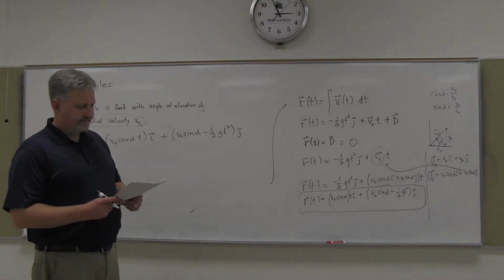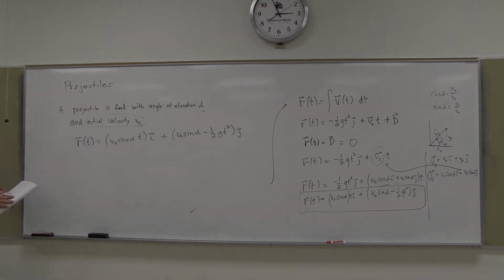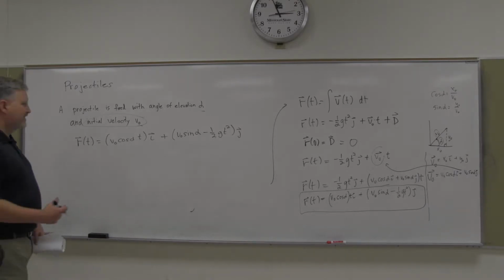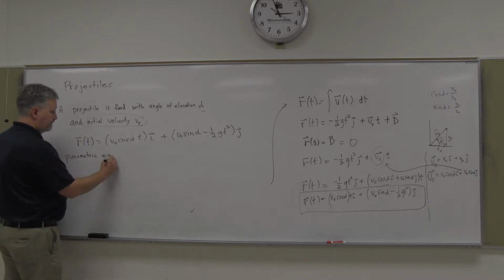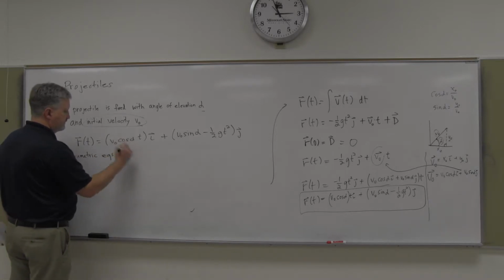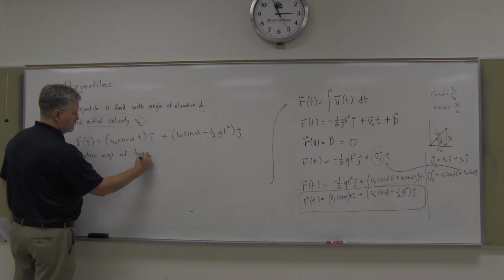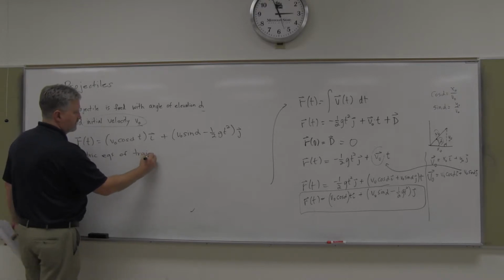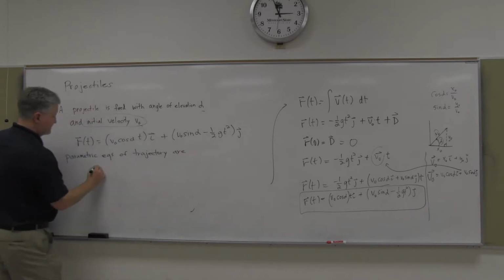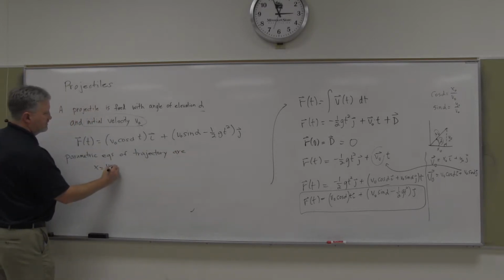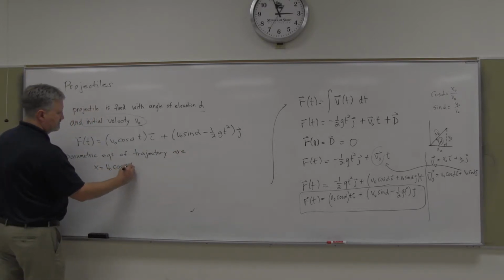And so another way they phrase this is, therefore, the parametric equations of trajectory are then x equals v0 cosine alpha times t.